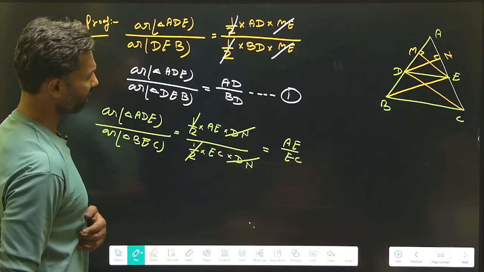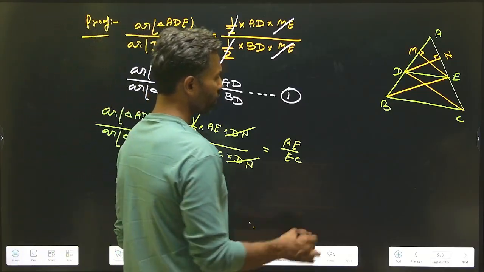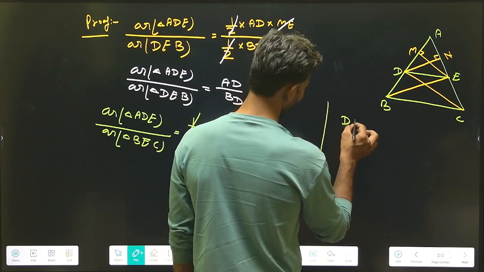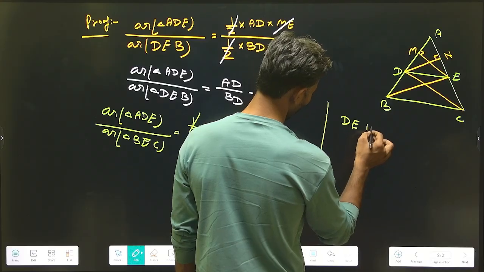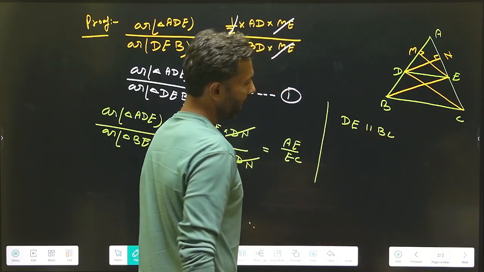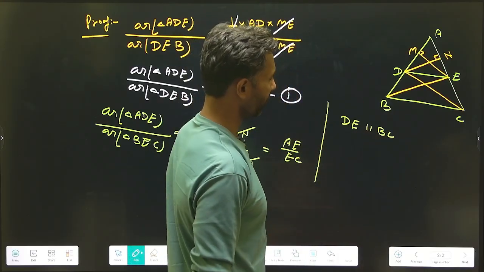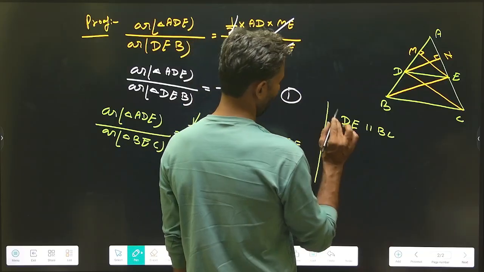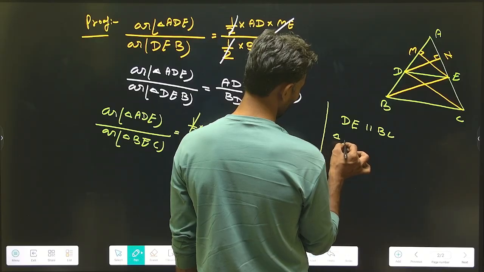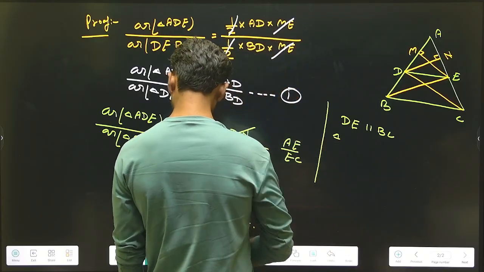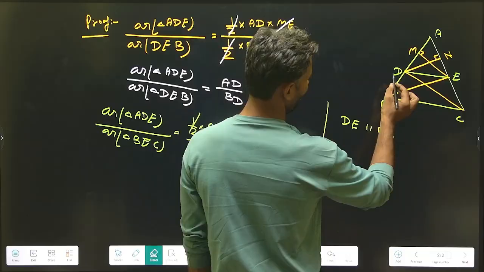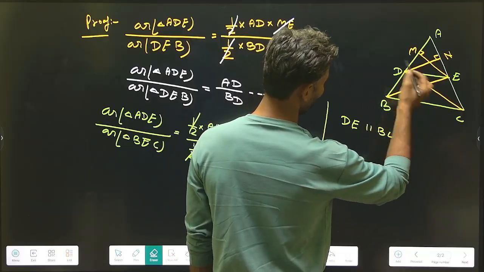Understand that. Now can you tell me, students, as you know that DE is parallel to BC, and between DE and BC there are two triangles drawn. One is triangle DEB, another triangle is DEC.